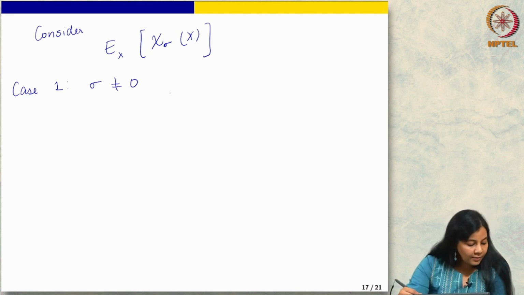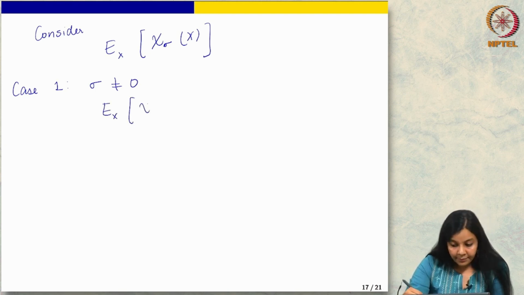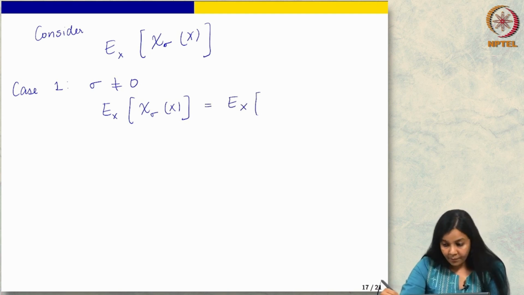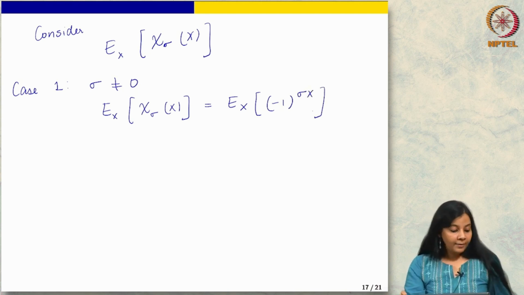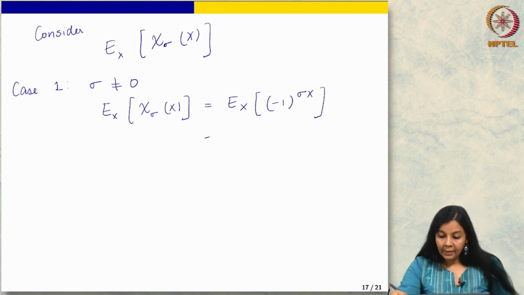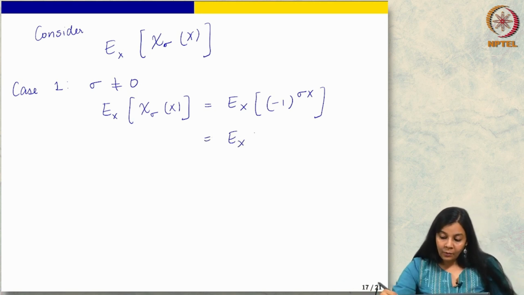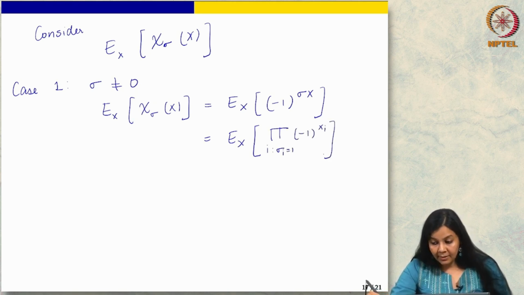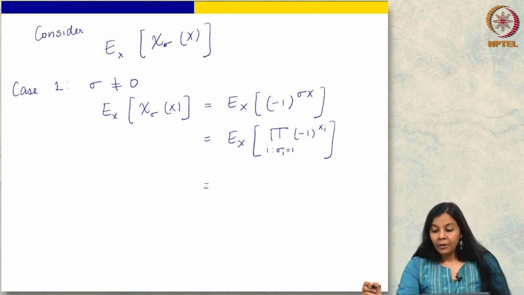If sigma is not equal to 0, then I can write this as the expectation over x of (-1)^(sigma·x), which expanding this out is the product over i such that sigma_i is 1 of (-1)^(x_i).